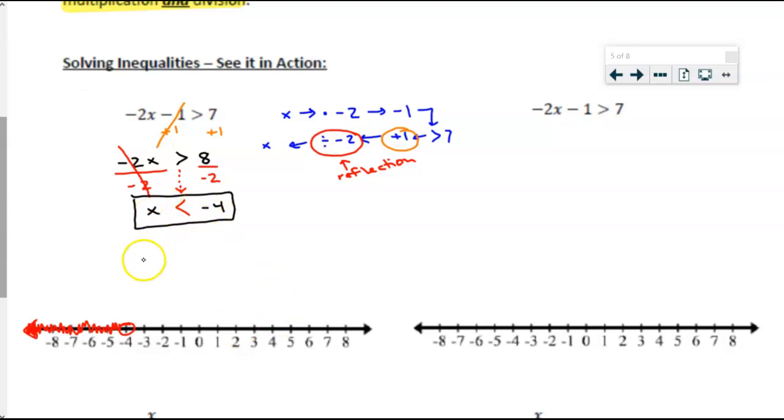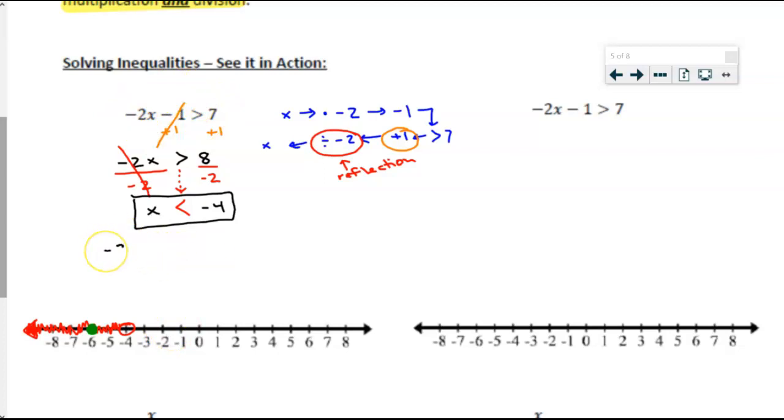So what you do need to do to check your answer is pick something that's shaded. Pick something that is smaller than -4, like this number right here. -6 is shaded. -6 is a number that's smaller than -4, so when I plug this number into the original inequality, it should give me a true statement. Let's test it out.